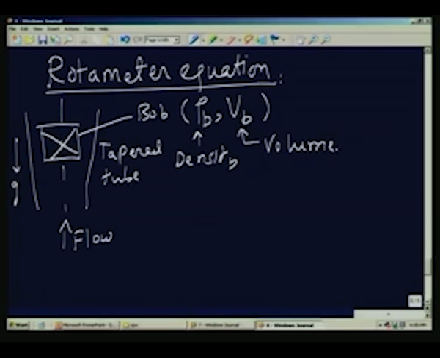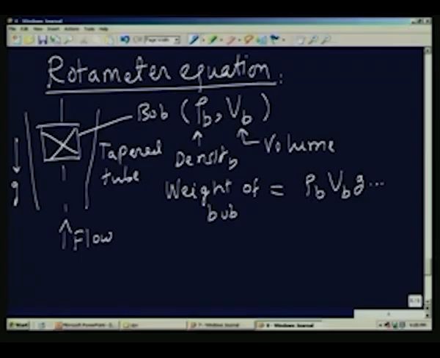In fact, you can see that the weight of the bob will be nothing but rho b Vb multiplied by g, the acceleration due to gravity at the location where you have set up the rotameter. So, this is one force which is to be taken into account.